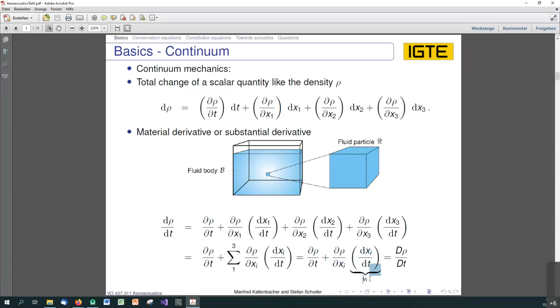So this is the velocity, and that's what a material derivative is. Everyone got the material derivative?